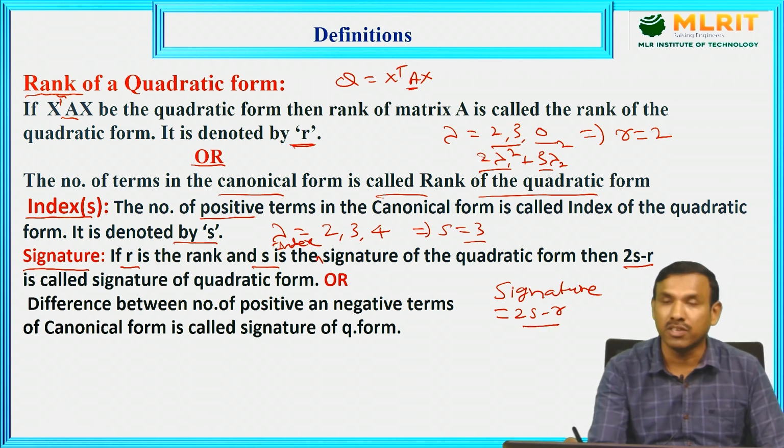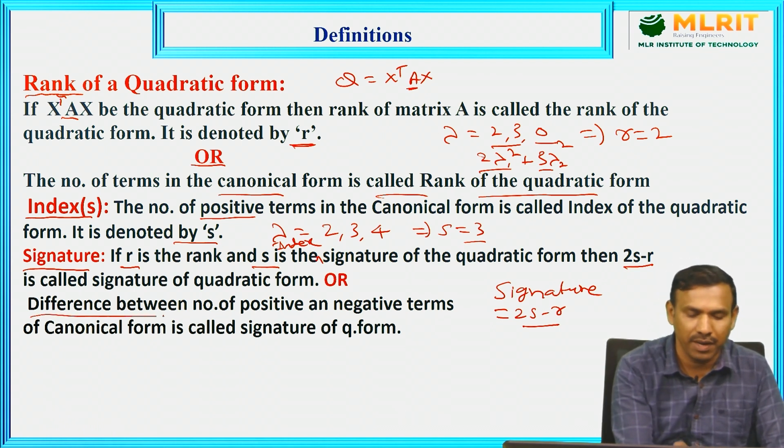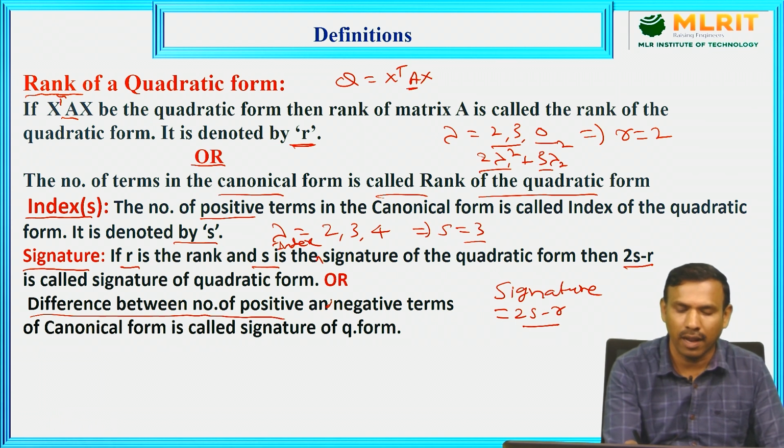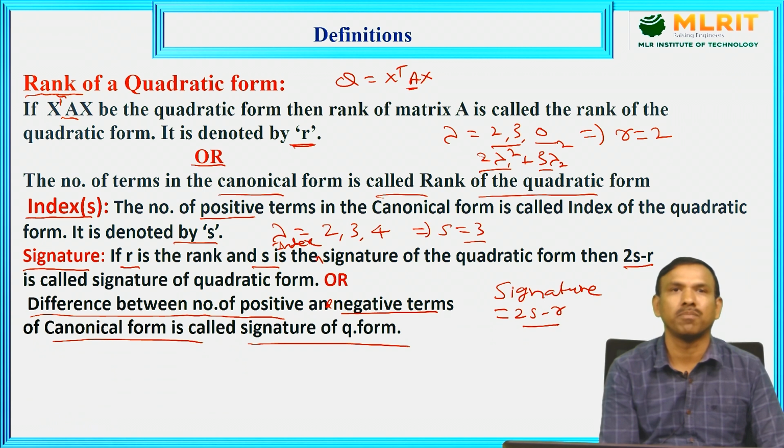Simply this formula will generate the signature of the quadratic form. Otherwise, the difference between the number of positive and negative terms of the canonical form is called the signature of the quadratic form.